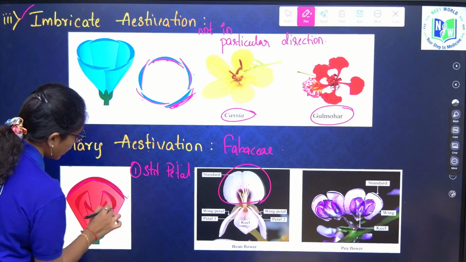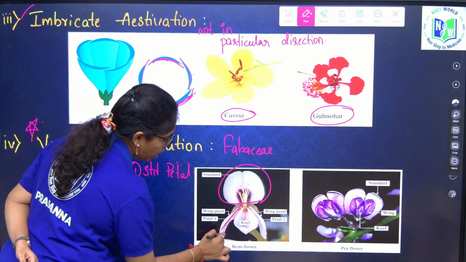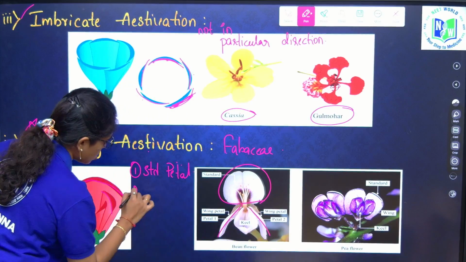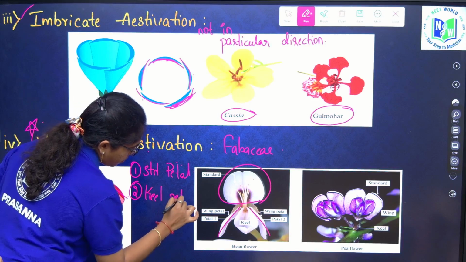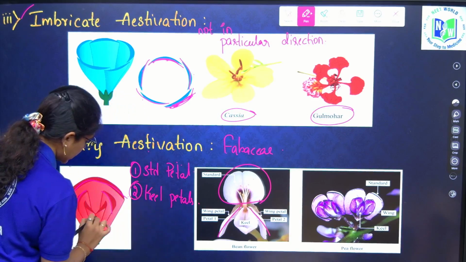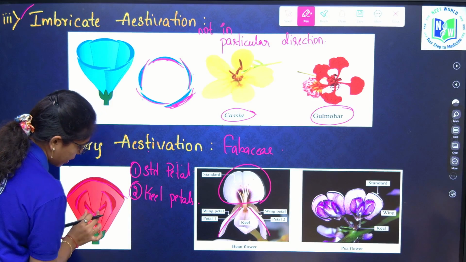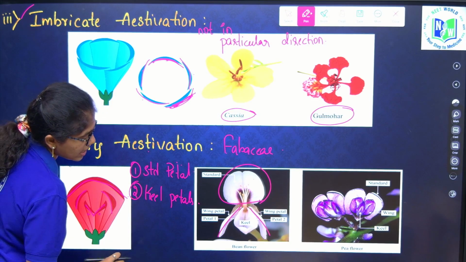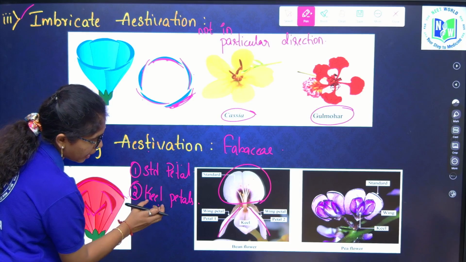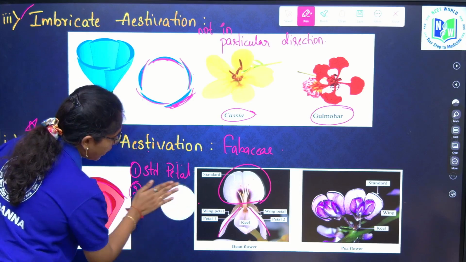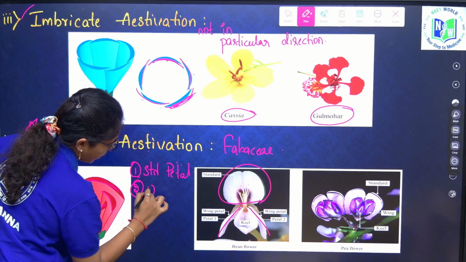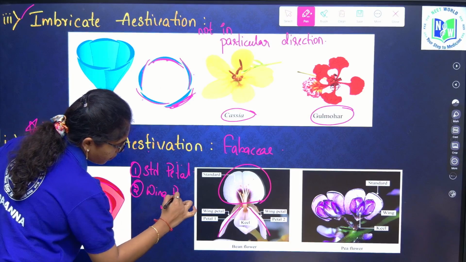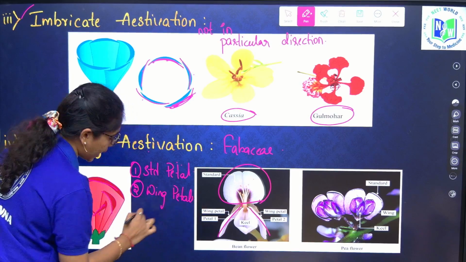two wing or keel petals side by side. Here you have two wing petals, and lastly two keel petals attached, joined at the bottom. These are called two wing petals, which are side by side after the standard petal, and are not attached.